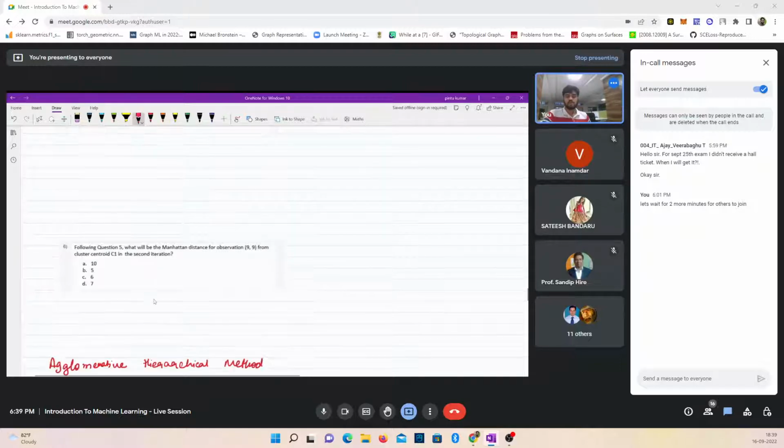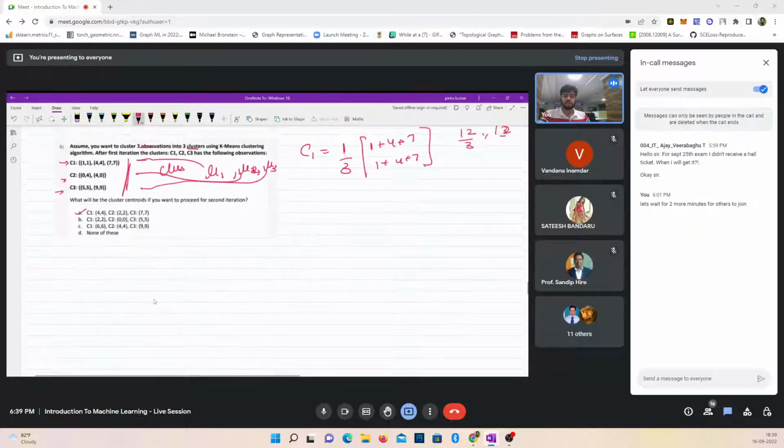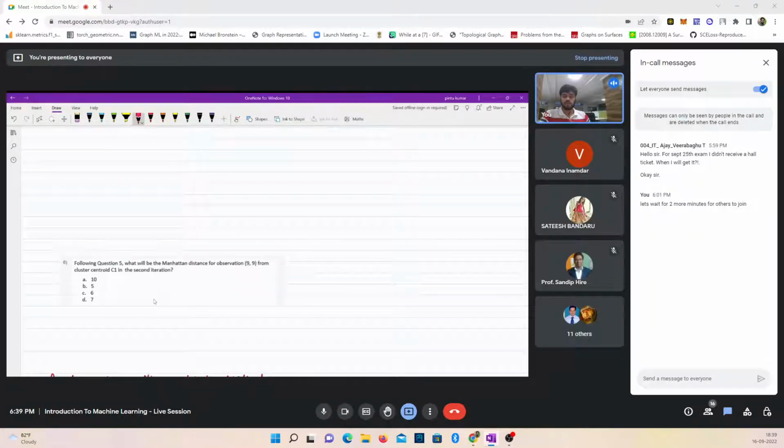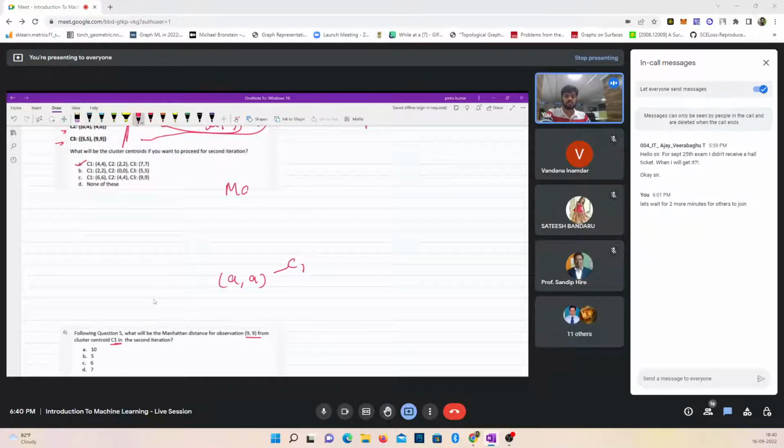Now, following from question 5, which is whatever you saw: what will be the Manhattan distance for the observation 9, 9 from your centroid C1? Let me mention what the Manhattan distance is.